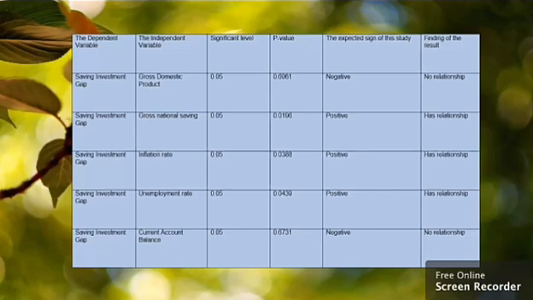For the inflation rate, it shows positive and it has a relationship. The same goes for the saving investment gap and the unemployment rate, which has positive signs and a relationship. However, for the saving investment gap and current account balance, there is no relationship, which shows the sign of negative.